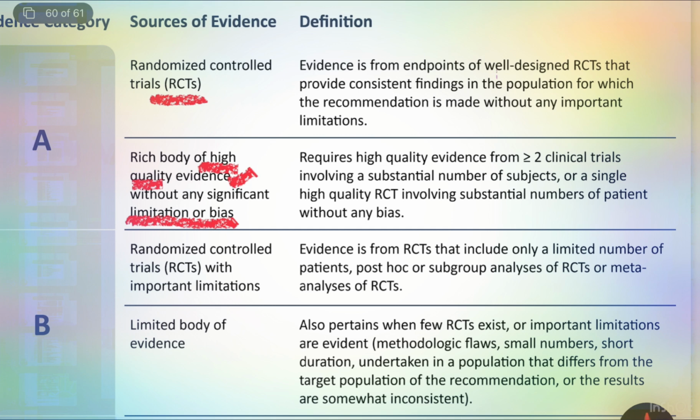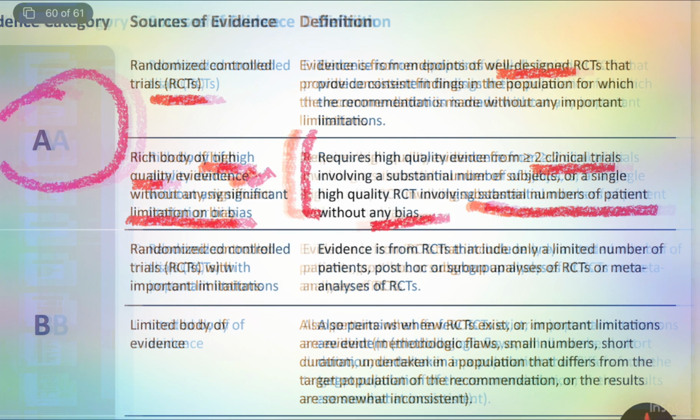And what is the definition of RCT evidence? Evidence is from endpoints of well-designed RCTs that provide consistent findings in the population for which the recommendation is made, without any important limitations. They require high quality evidence from more than 2 clinical trials involving a substantial number of subjects, or a single high quality RCT involving a substantial number of patients without any bias.